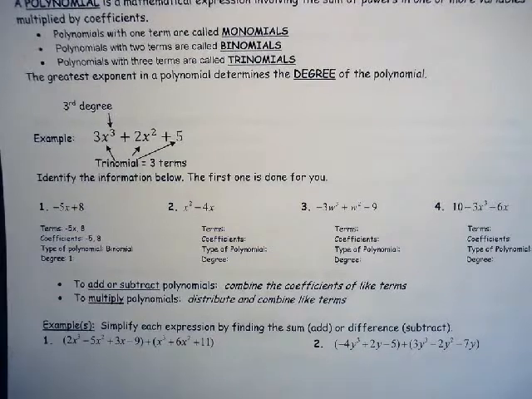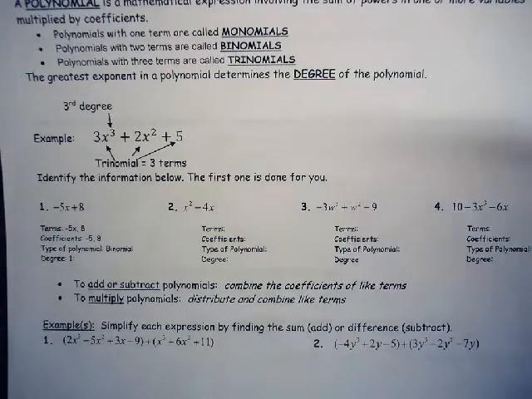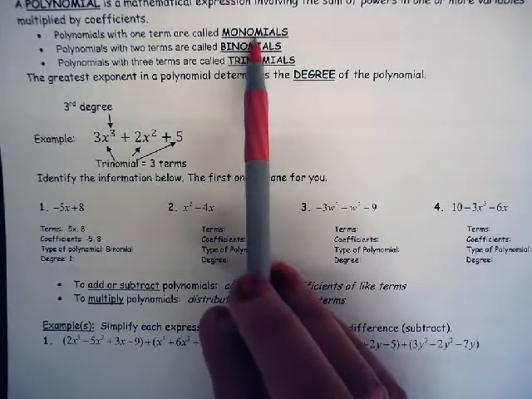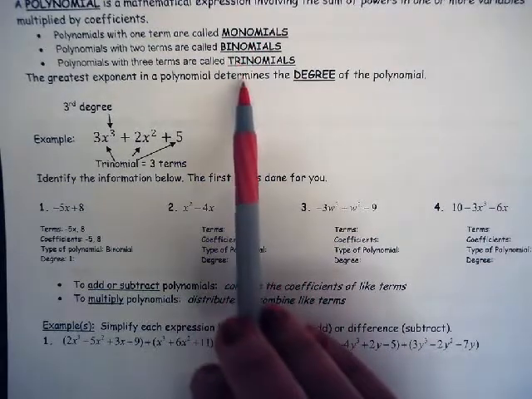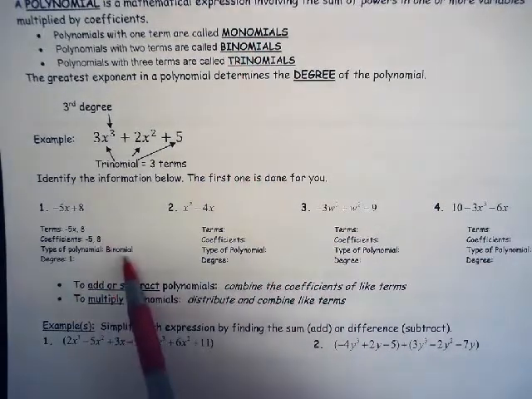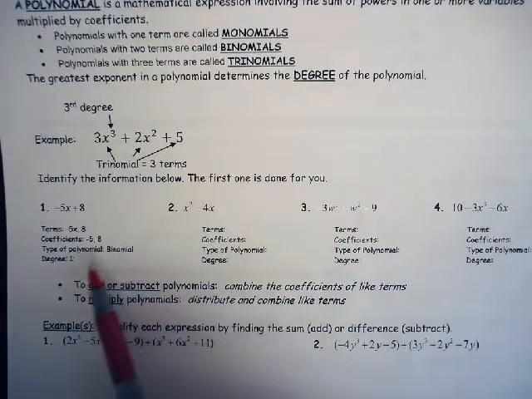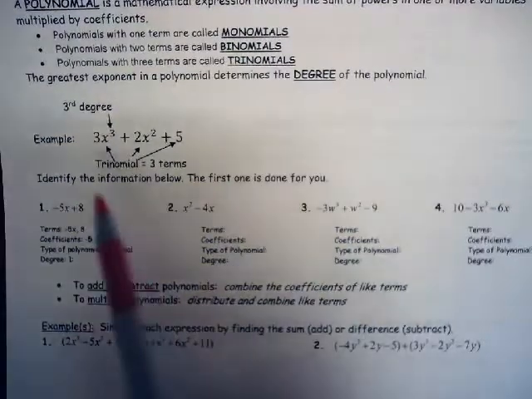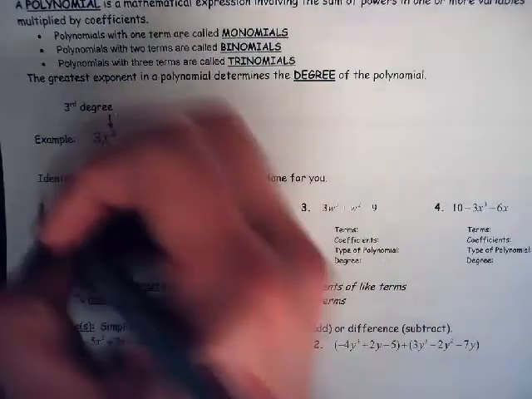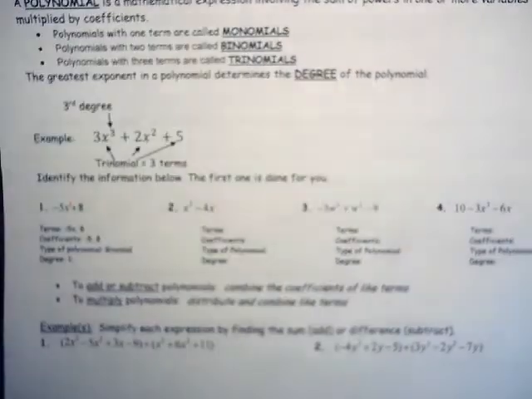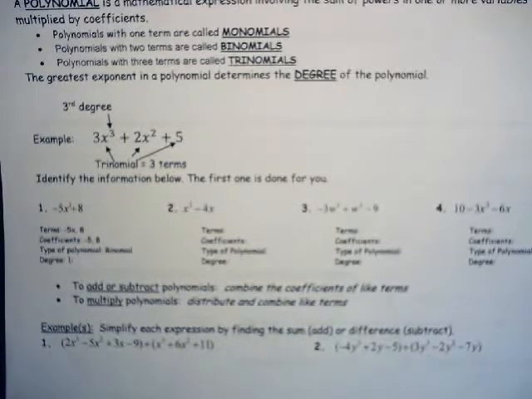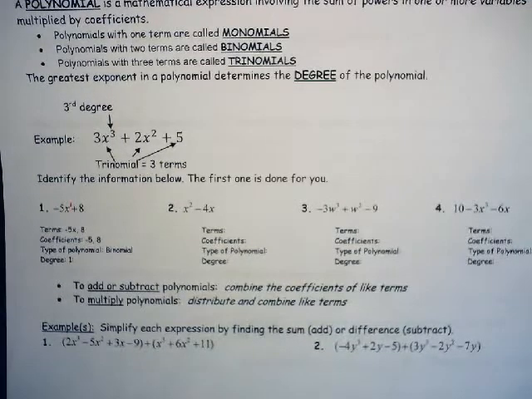The coefficients on number 1 are negative 5 and 8. The type of polynomial, that's up here when we talked about monomial, binomial, or trinomial. This would be a binomial, and it would be a degree of 1 because I have an exponent here of 1. Even though we don't write that, it's assumed that it's there. 5x to the first plus 8.